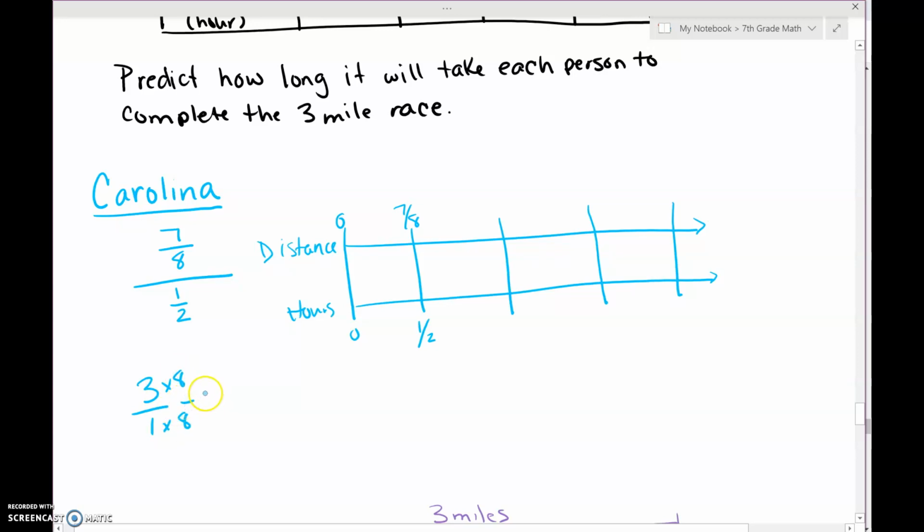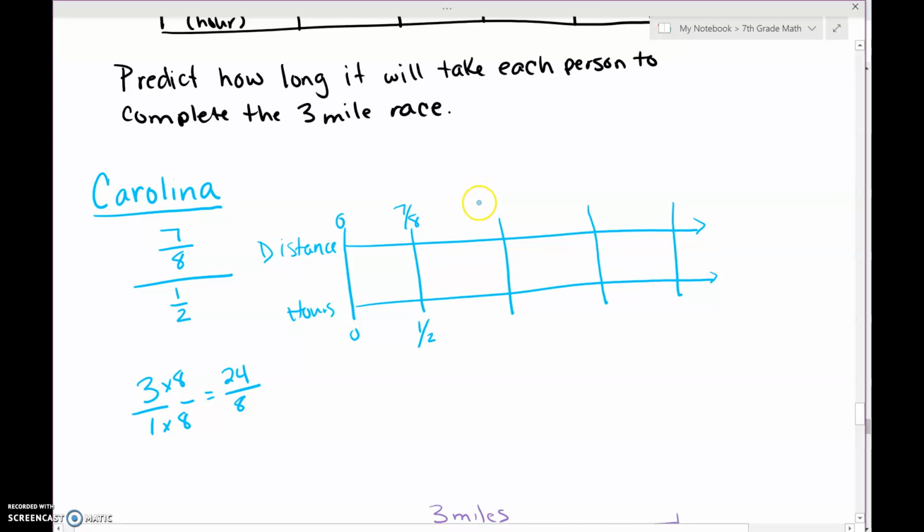So I'm multiplying it by 8. So 3 times 8 is 24, and 8 times 1 is 8. So we know that we need to get past 24 eighths for her to get to that end point.